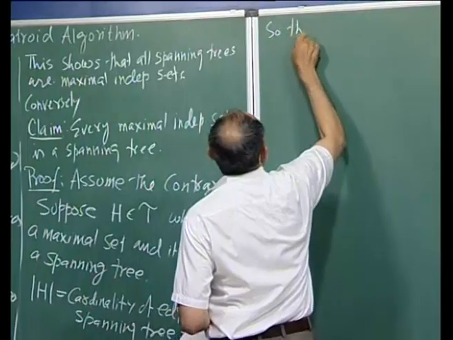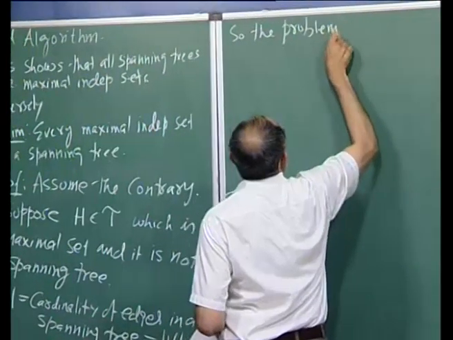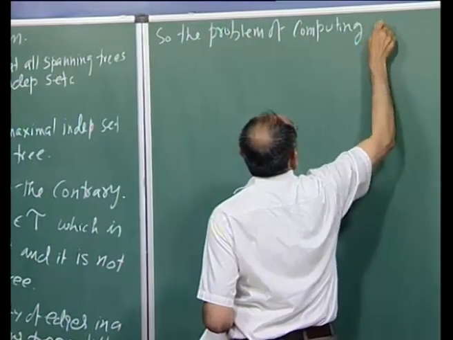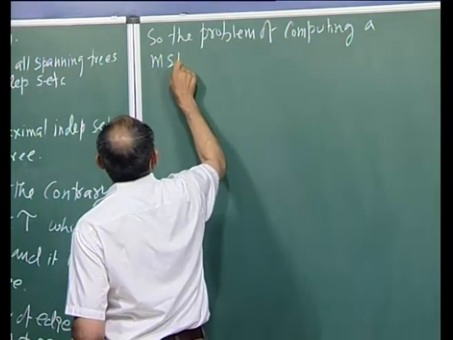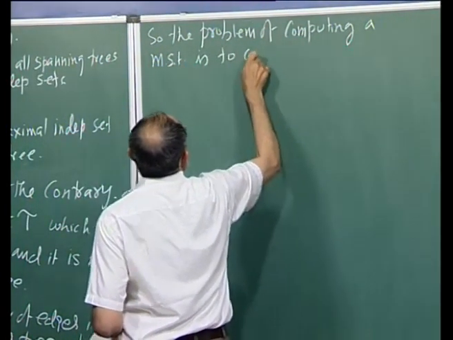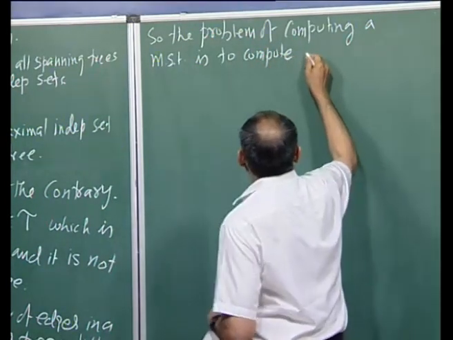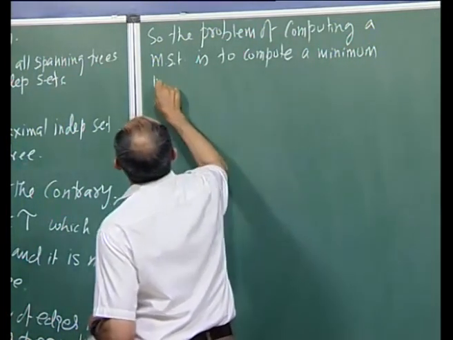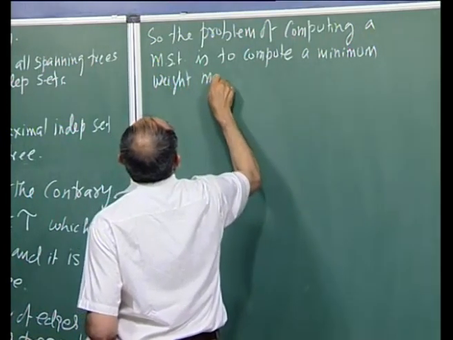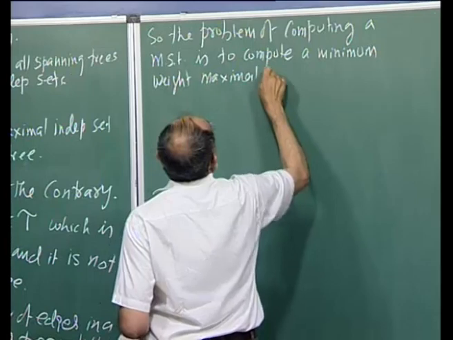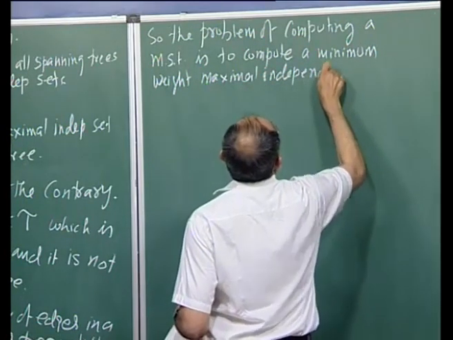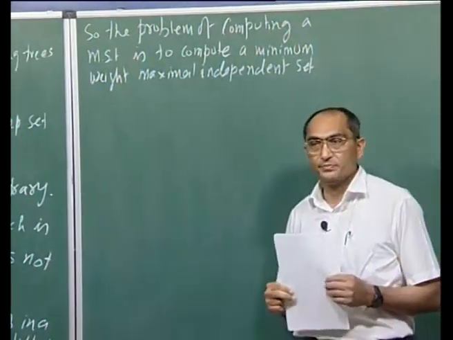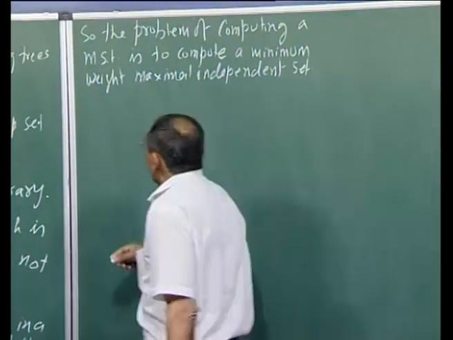So the problem of computing a minimum spanning tree, that is MST, is to compute a minimum weight maximal independent set, for which we know an algorithm. So now we can write down our algorithm.